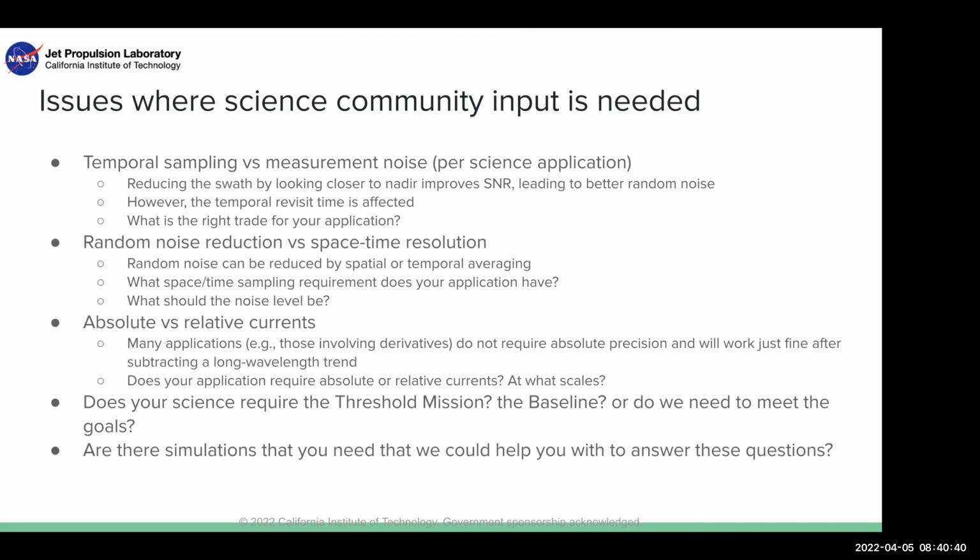When we get 5 kilometer averages, we will be able to measure currents at 5 kilometers, but they will be noisy, and you may be able to average. But there are currents, for instance, between the Big Island of Hawaii and some of the other islands that should be resolvable. So maybe we can start with Hawaii as a test case, because we have some ground truth there, some coastal radar, and I think it would be exciting to do a simulation there. Thanks for the suggestion.